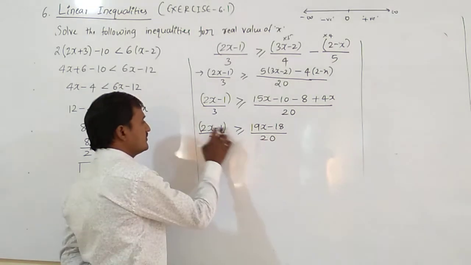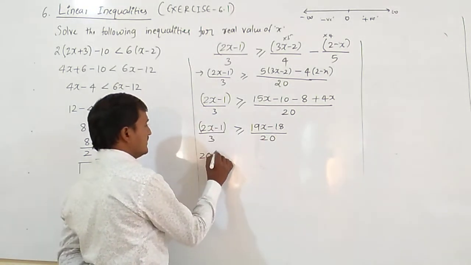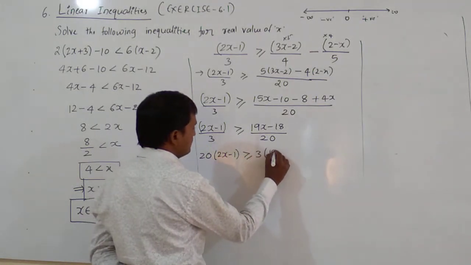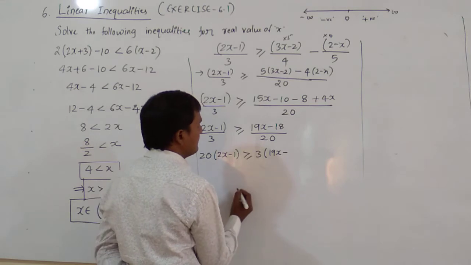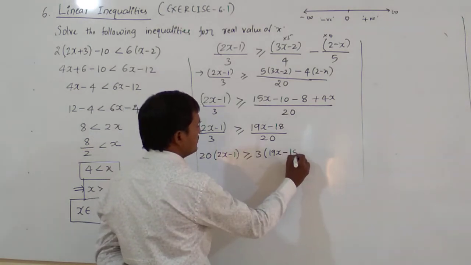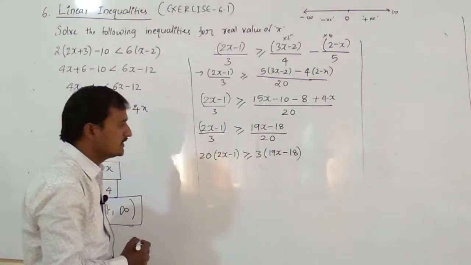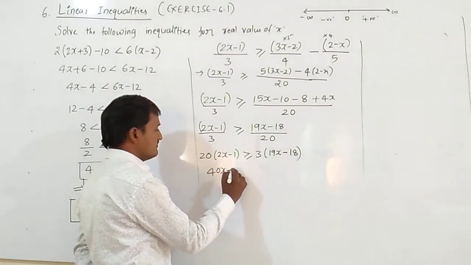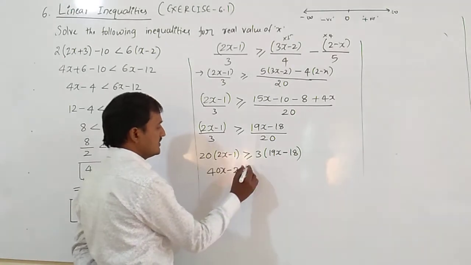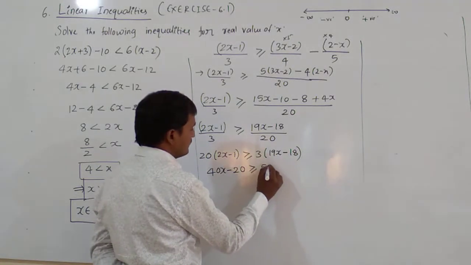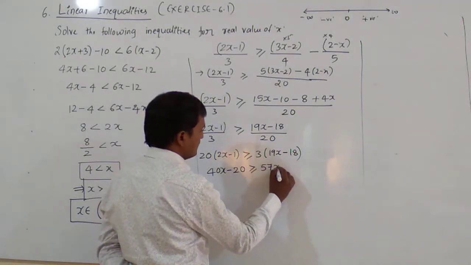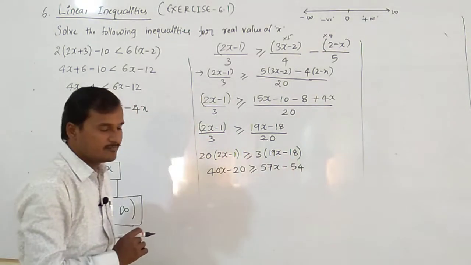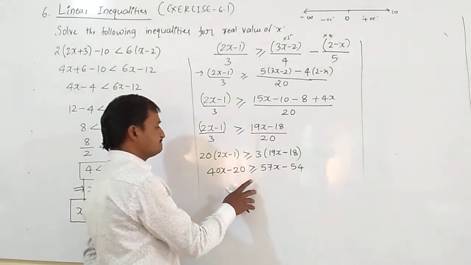Now, doing cross multiplication: 20 into 2x minus 1 which is more than or equal to 3 into 19x minus 18. Again, this becomes 40x minus 20, which is more than or equal to 57x minus 54, since 18 into 3 is 54.